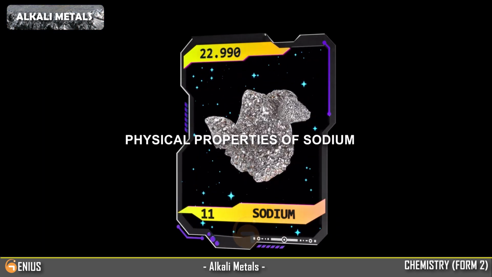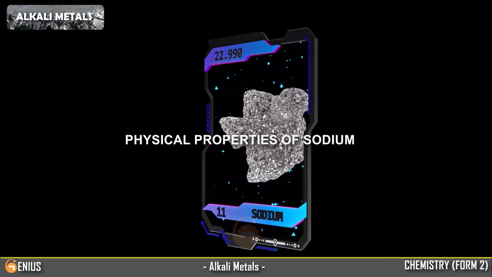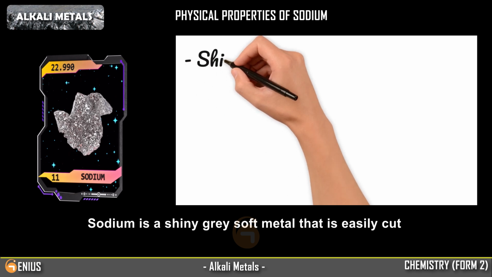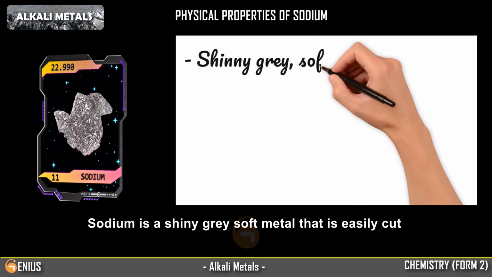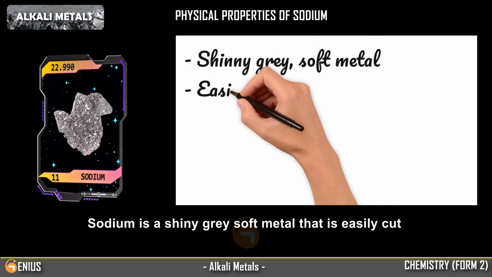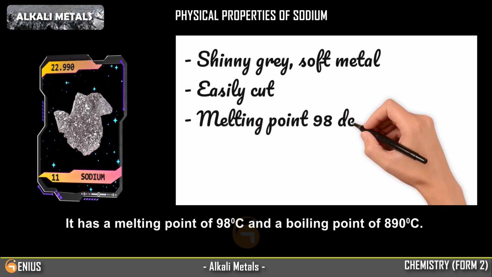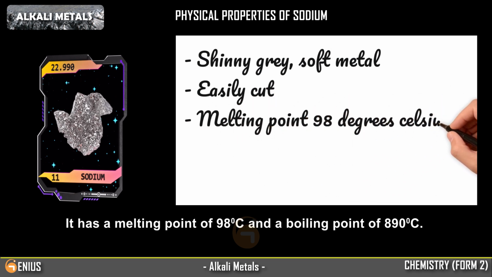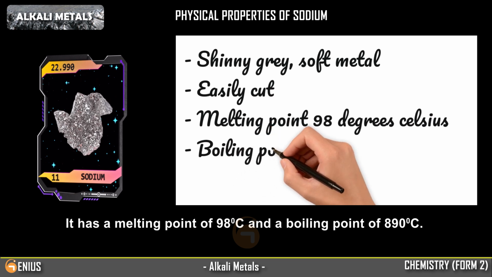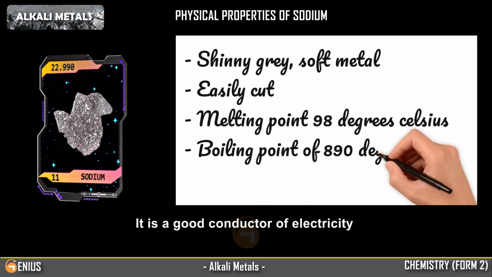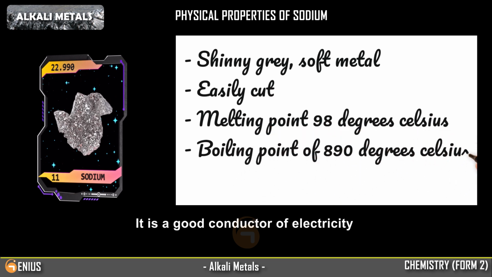Physical properties of sodium. Sodium is a shiny gray soft metal that is easily cut. It has a melting point of 98 degrees Celsius and a boiling point of 890 degrees Celsius. It is a good conductor of electricity.